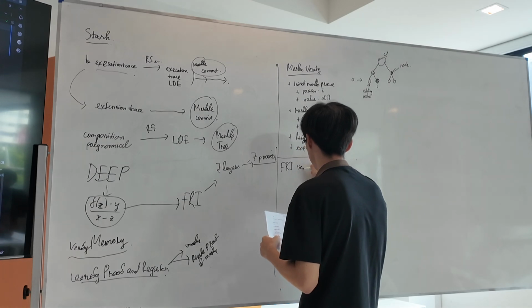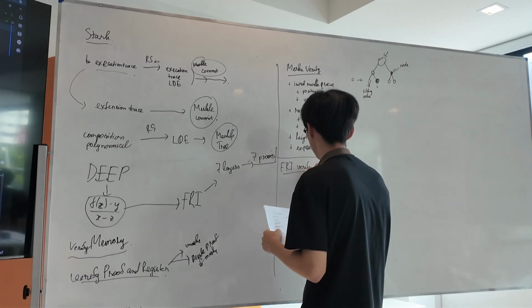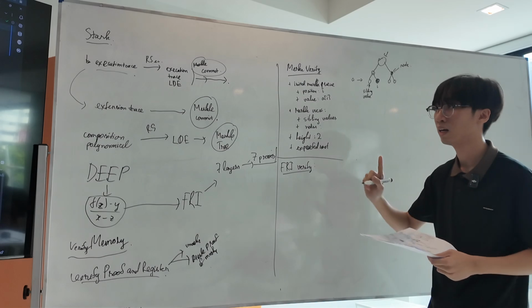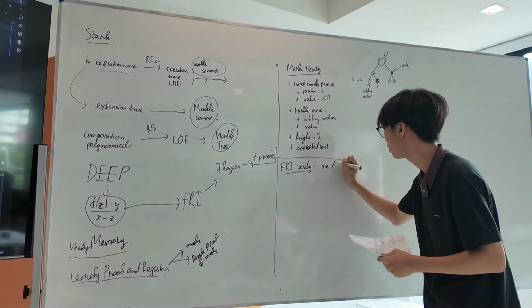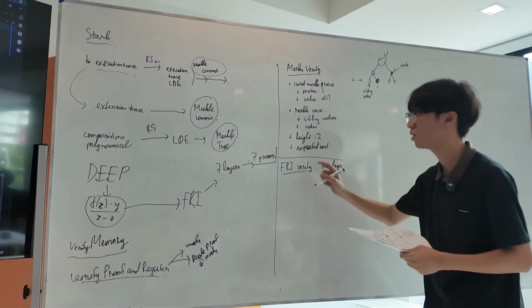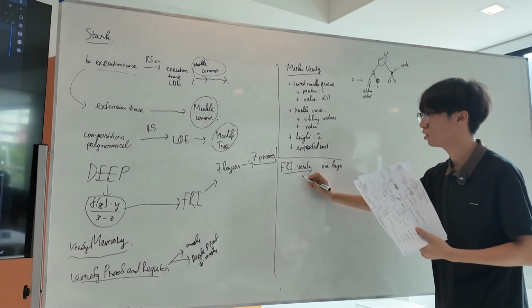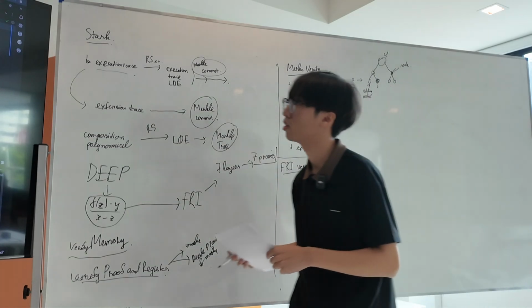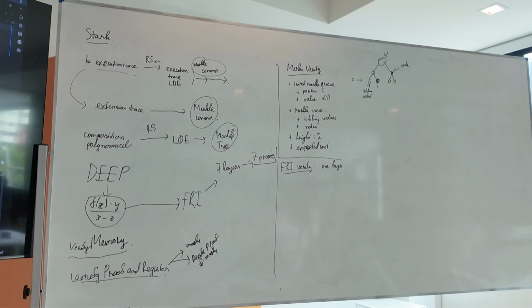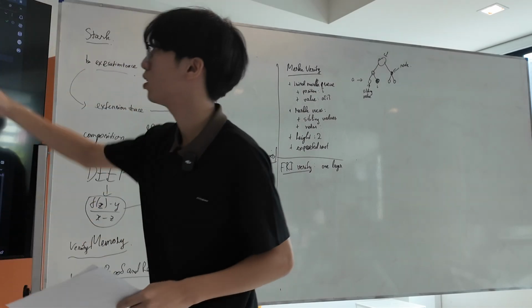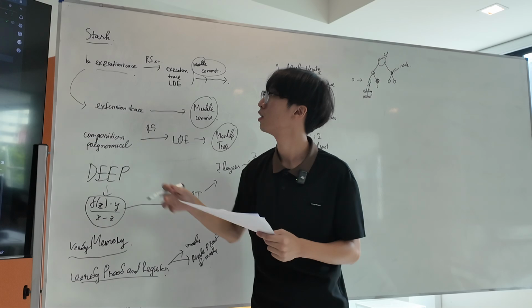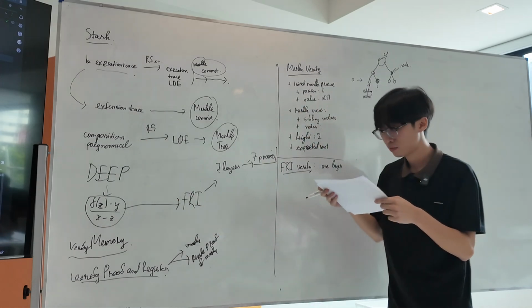So next is FRI verify. Actually it just verifies only one layer. So we need to send information of each layer into this smart contract. So here are the parameters of the FRI layer.